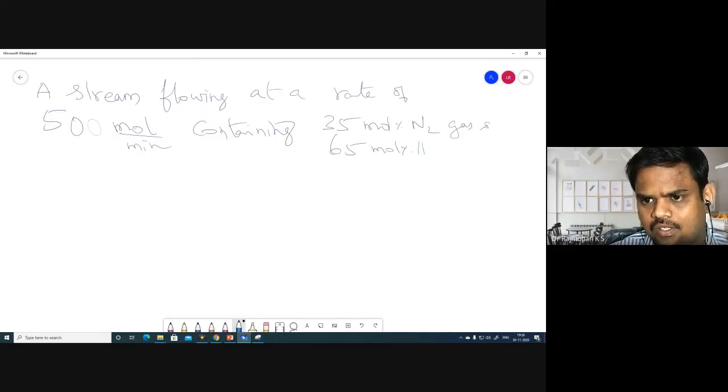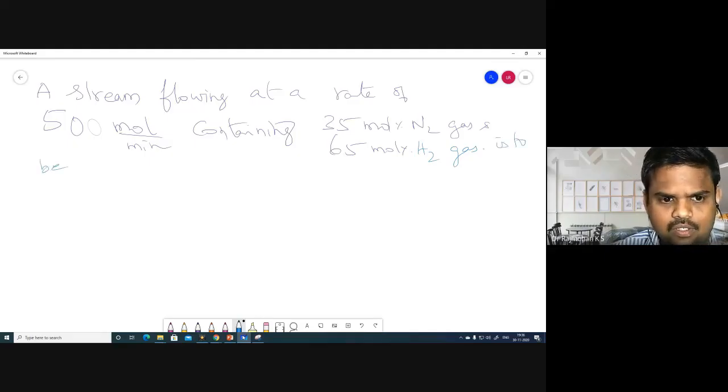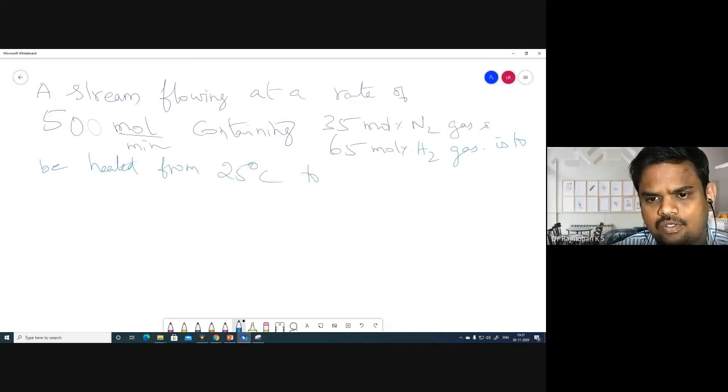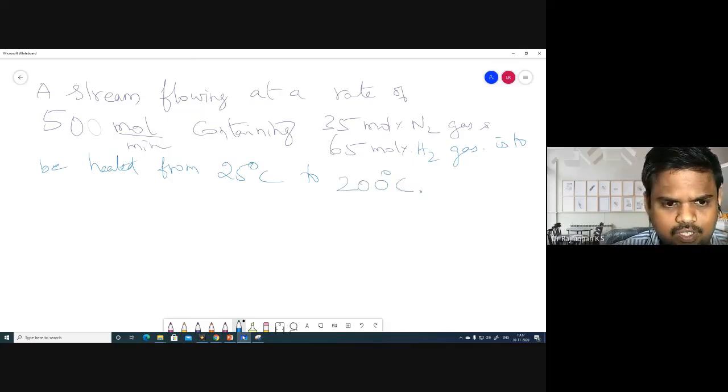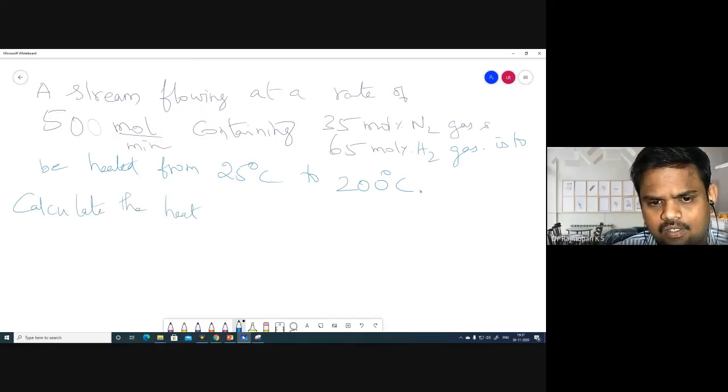is to be heated from 25 degrees Celsius to 200 degrees Celsius. Calculate the heat that must be transferred.